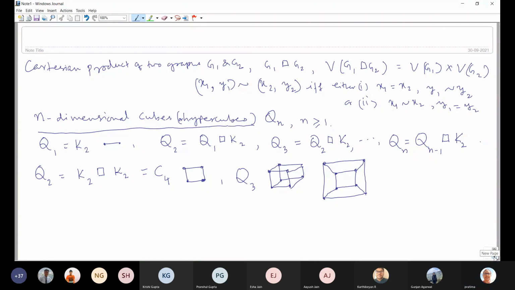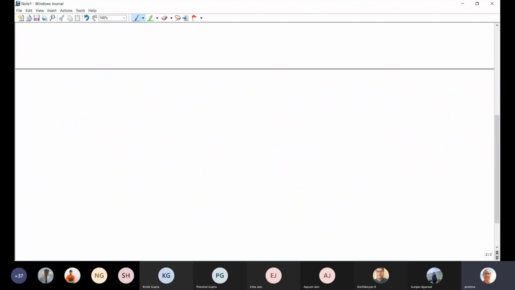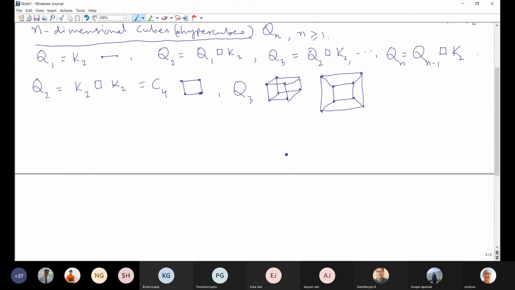What would Q4 have been? I told you that whenever we consider the Cartesian product of two graphs, here we obtain Q3 as Q2 product with K2. K2 has two vertices, and Q2 is C4.